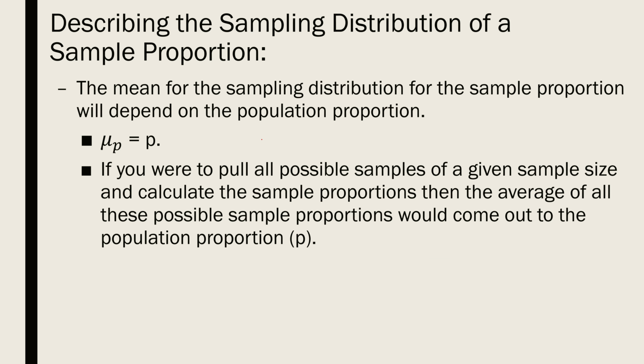Here are some properties of a sampling distribution of a sample proportion. The mean for the sampling distribution for the sample proportion will depend on the population proportion. The population proportion is denoted as p.